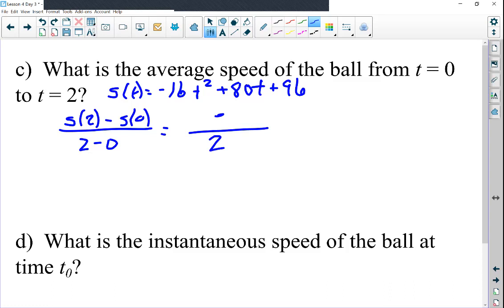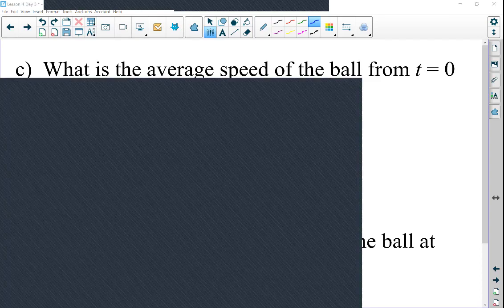And if I plug 0 in for t, s of 0 would be 96. And I'm subtracting that s of 0. But s of 2, I'm not quite sure about. So that one would make sense to have the graphing calculator or some sort of calculator.